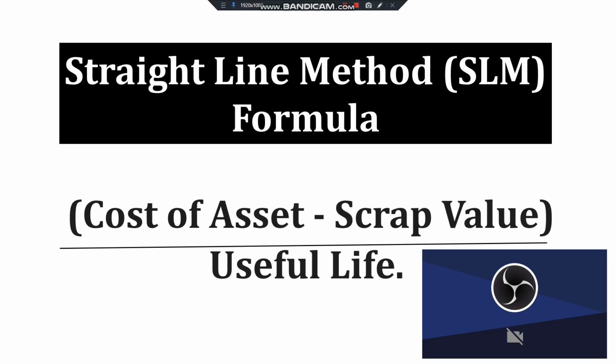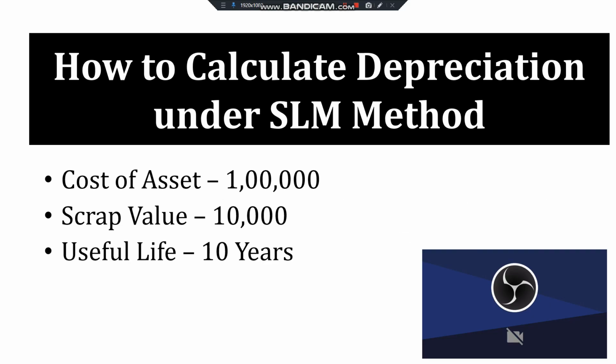Straight line method formula: cost of an asset minus scrap value, or the residual value, divided by its useful life. This is how depreciation is calculated under the straight line method. Suppose the company's cost of asset is 1 lakh, with a scrap value or residual value of 10,000 and a useful life of 10 years.